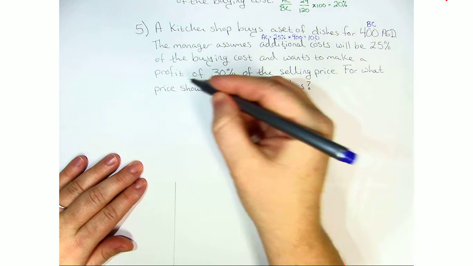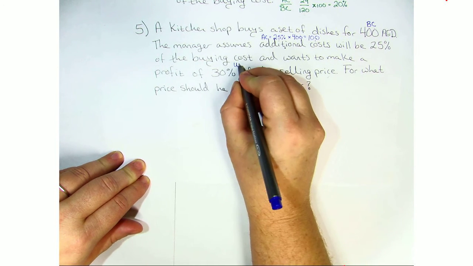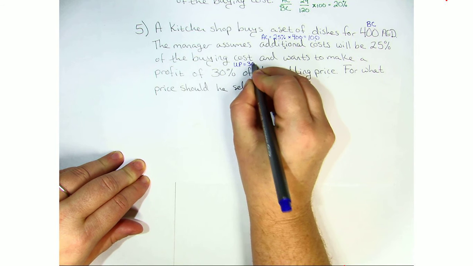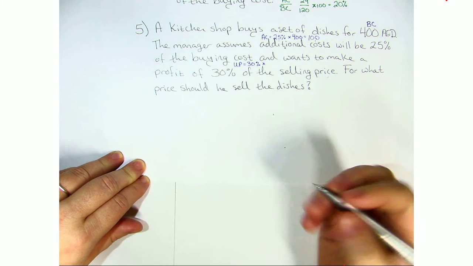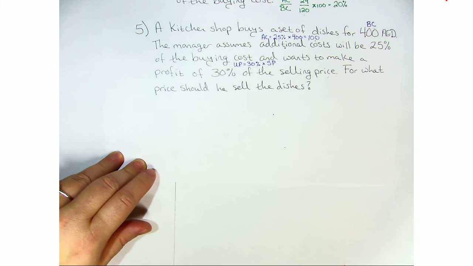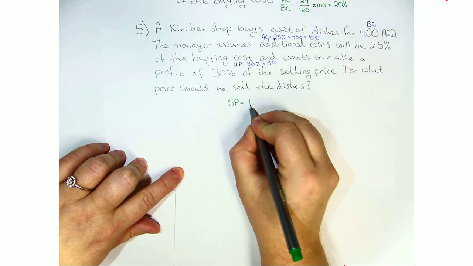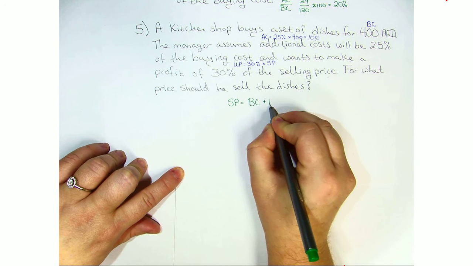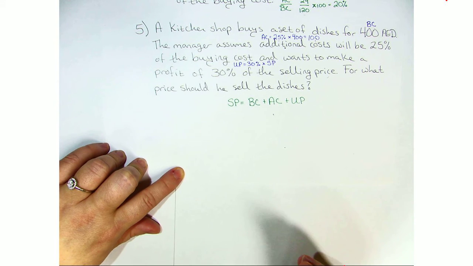And wants to make a profit of 30% of the selling price. So my unit profit is 30% of, and we don't know our selling price, so it needs to remain as a variable. For what price should he sell the dishes? Okay, well, the formula for selling price is the buying cost plus the additional cost plus the unit profit.